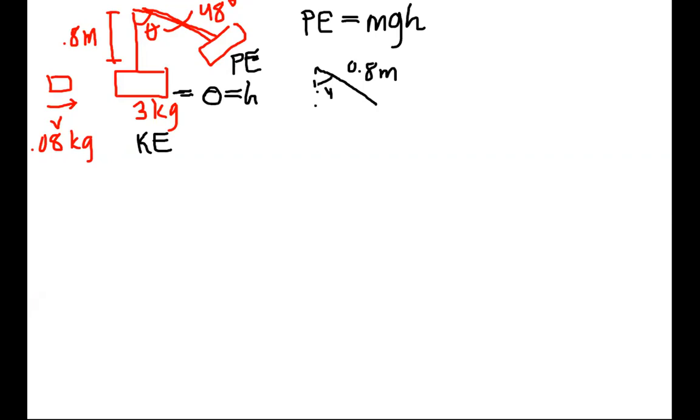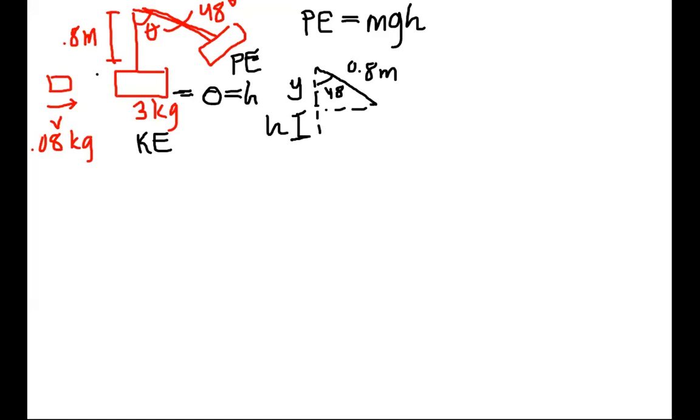Yeah, so we know that when it swings up to its maximum height, the arm is 0.8 meters long, and it's at an angle of 48 degrees, which will allow us to calculate this value y. And then if we take the full length and subtract from that, we would get the height, which is exactly how high it raised up, which is what we're trying to calculate as far as change in potential energy.